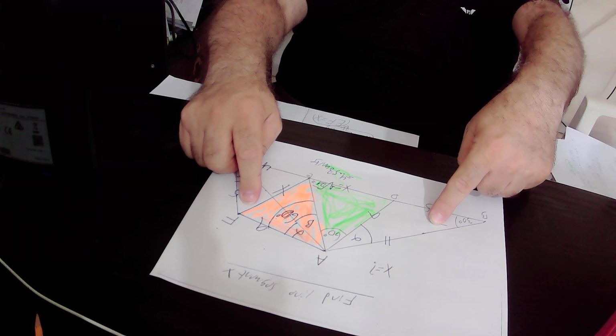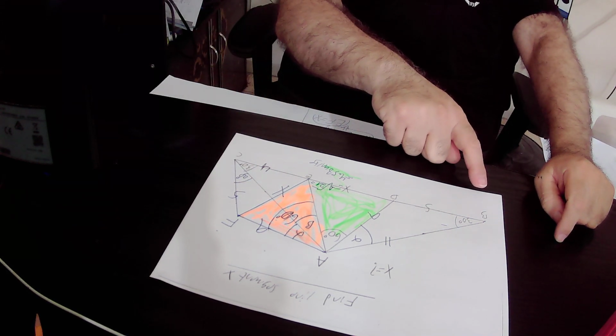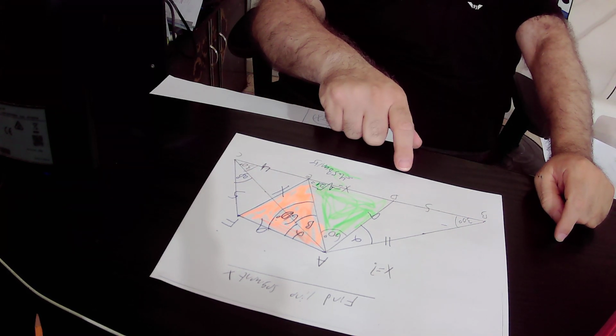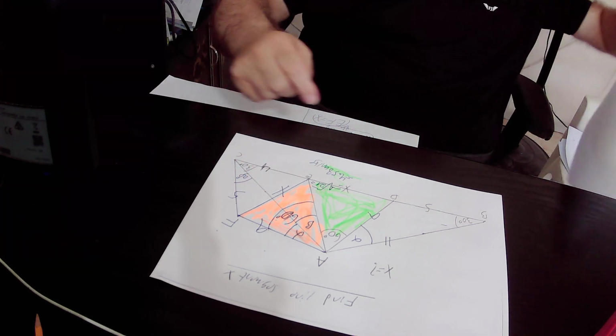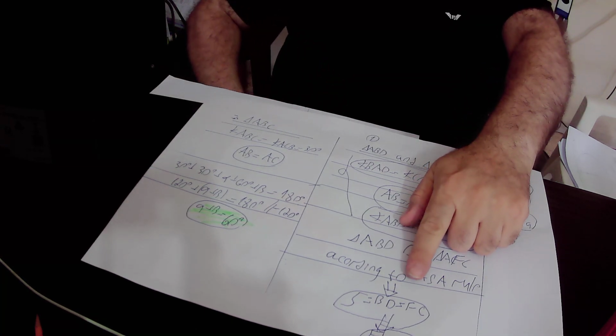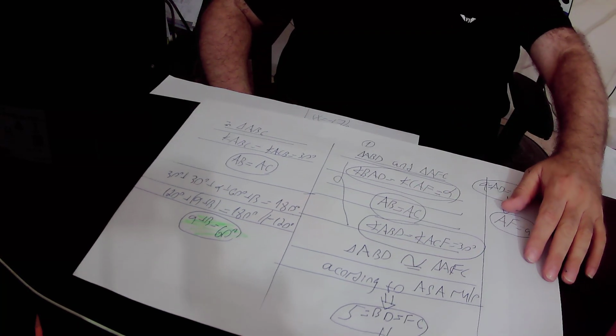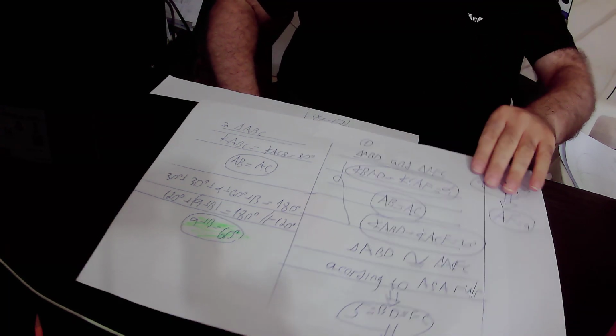We concluded two things. The first thing is that side BD is equal to side FC. Here, side BD equals side FC according to the rule that corresponding sides in congruent triangles are equal to each other.